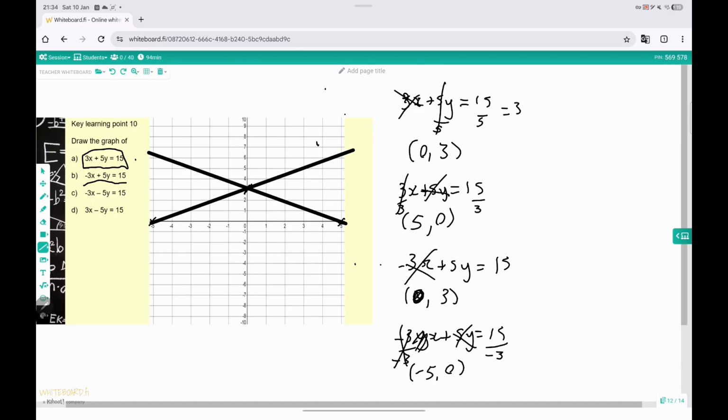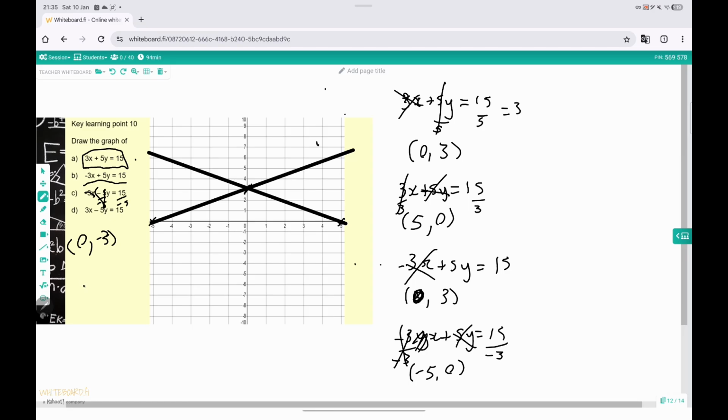Right, for this one, I think we've got a bit of space down here. So if we make x 0, then we cross out that, and we end up with minus 5y equals 15. So when we divide both sides by minus 5 to solve that, we end up with y equals... no, 15 divided by minus 5 is minus 3.